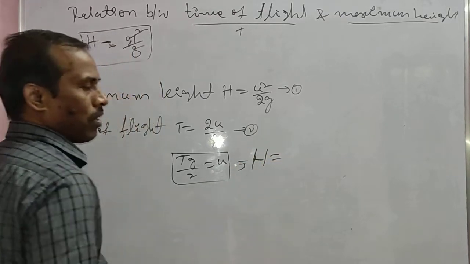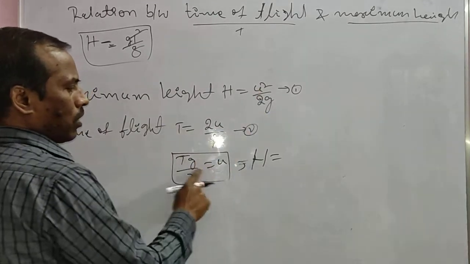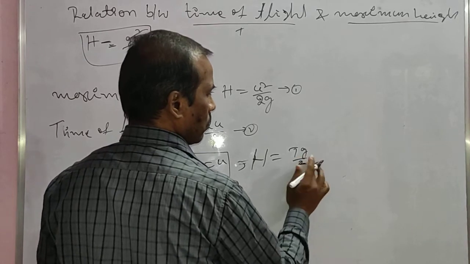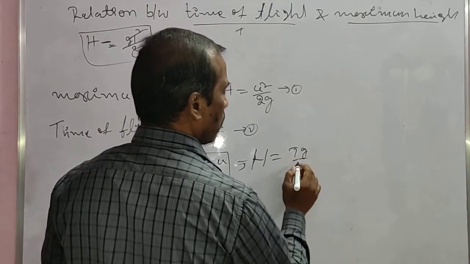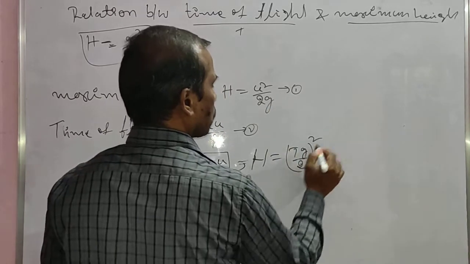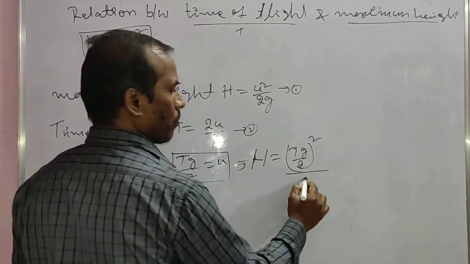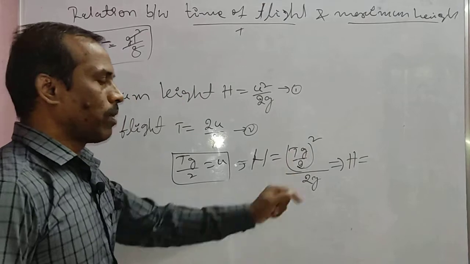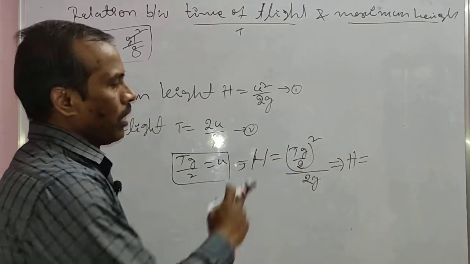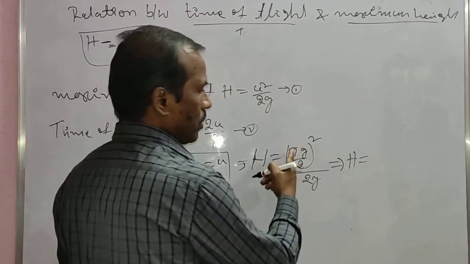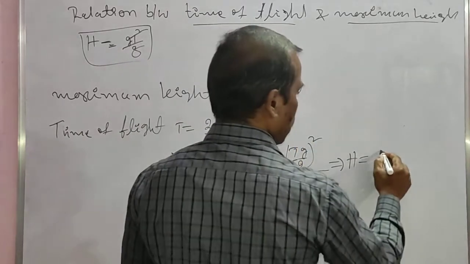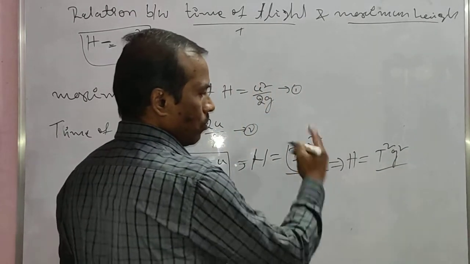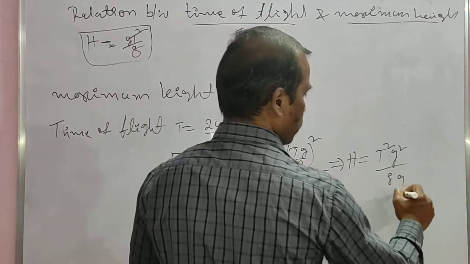Now the maximum height h is equal to u square by 2g, where u is nothing but tg by 2. So h is equal to t square g square by 4, divided by 2g. That is t square g square by 8g.